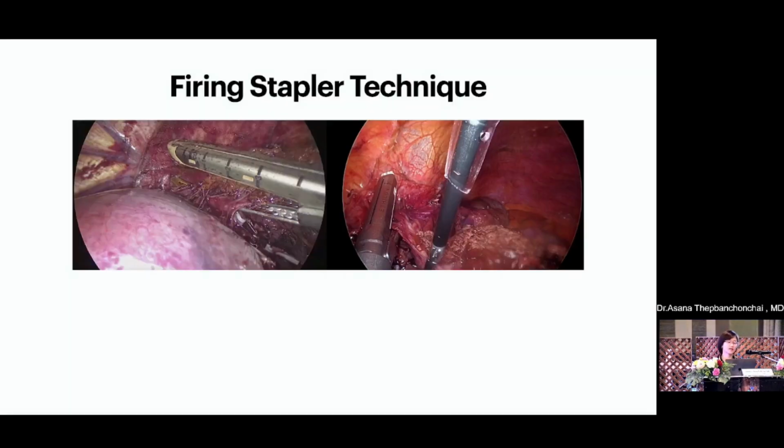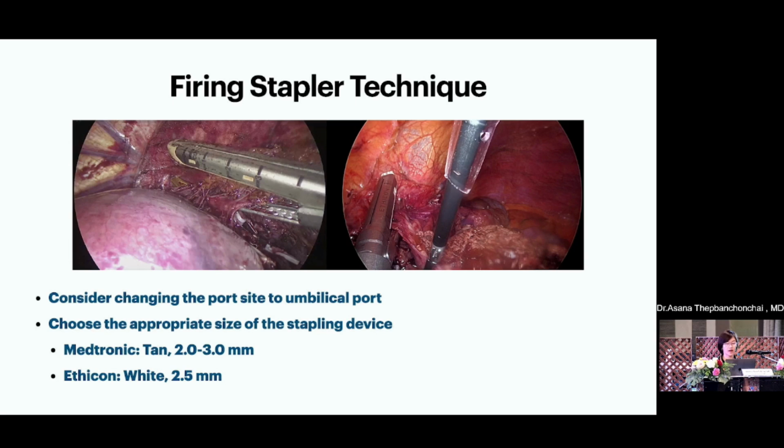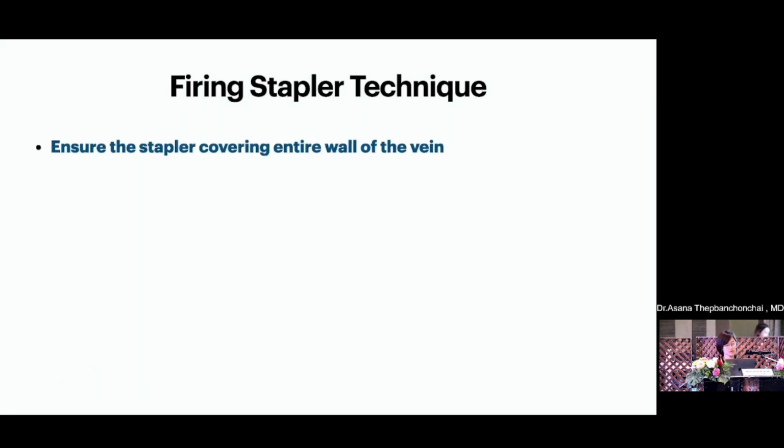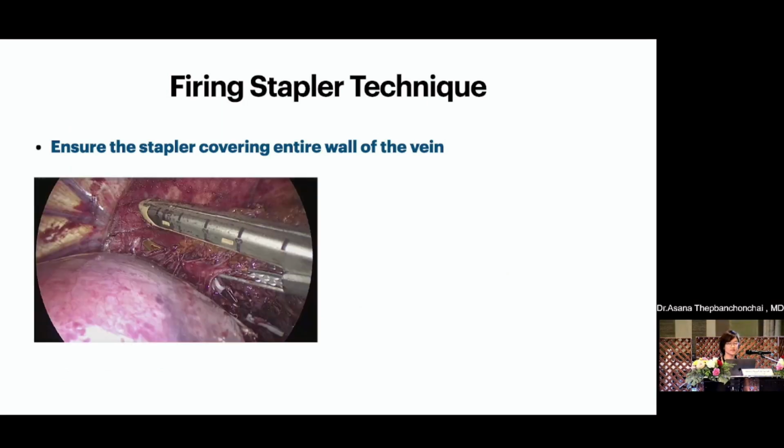To facilitate appropriate manipulation of the staple, the operating port and camera port may need to be switched between the umbilicus and the upper abdomen, and the staple device should be chosen in an appropriate size as well. Before firing, ensure the staple line completely covers the entire wall of the vein.